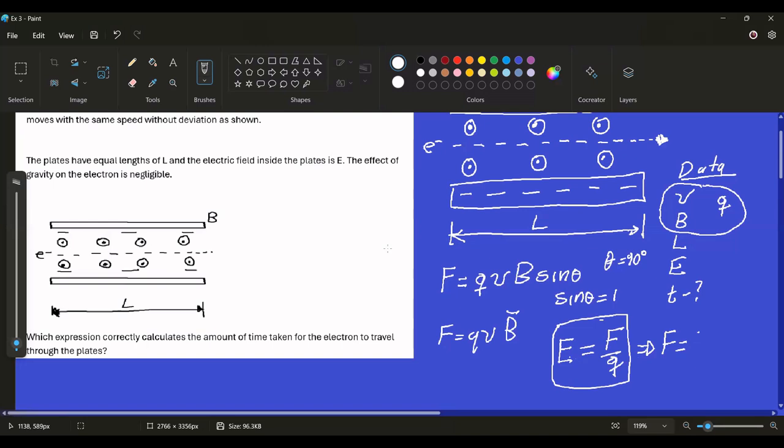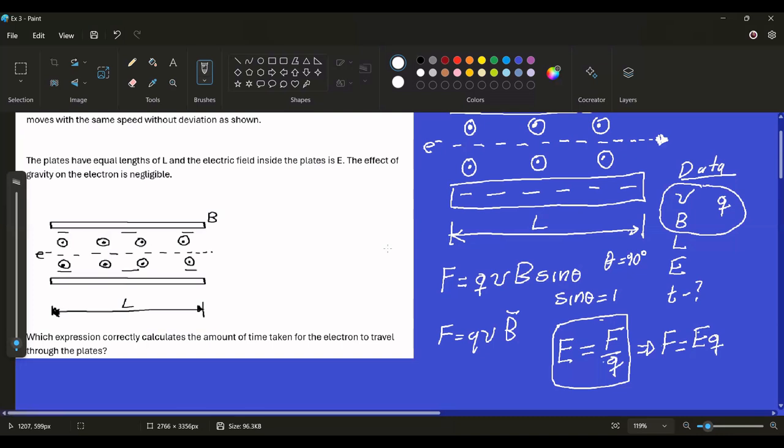I said E is equal to F over Q here. So substituting for F, it would be QE. Yes. So why is this important?